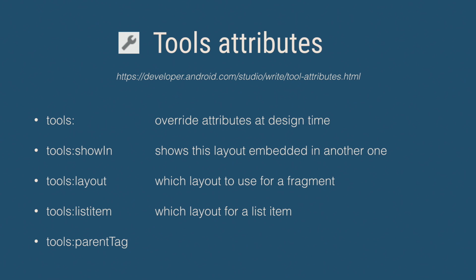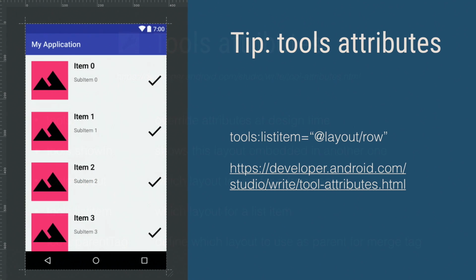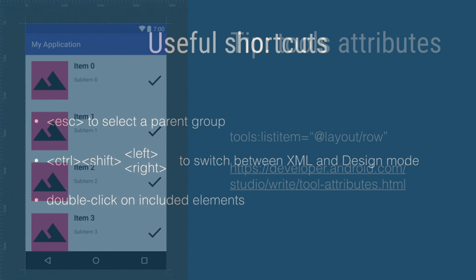You can specify the layout that you will use for the rows. And finally, if you're using merge tags, parentTag is your friend. It can help us decide what view handler we use, what interaction we provide for editing that particular layout. And all of that, you can find on the page indicated on top. But yeah, look at it. And this is an example of the listitem on RecyclerView.